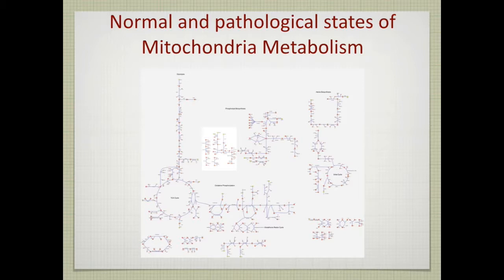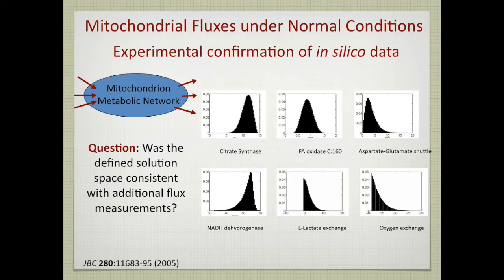So you have that reconstruction, and there is data available on what typical uptake rates are into this organelle. This here is a sampling of the solution space associated with this organelle. And there are some physiological parameters put in here, but you can look at if these histograms are consistent with subsequent measurements that you get for activity of individual enzymes.